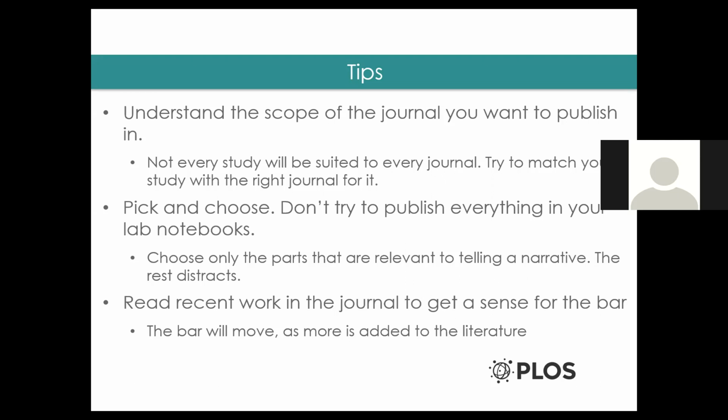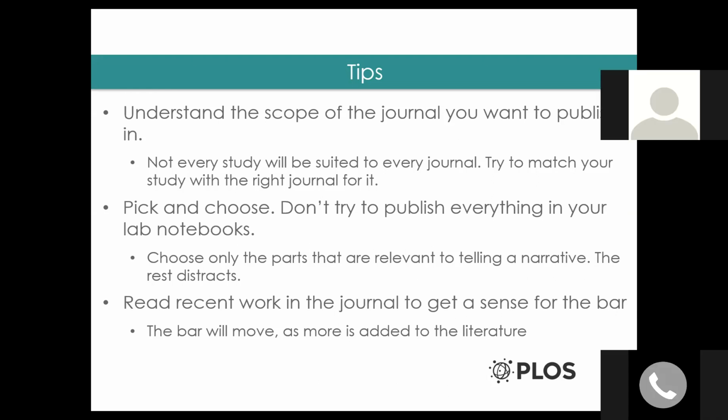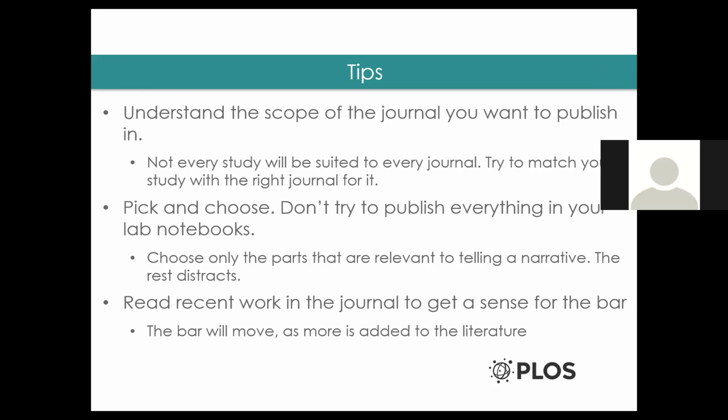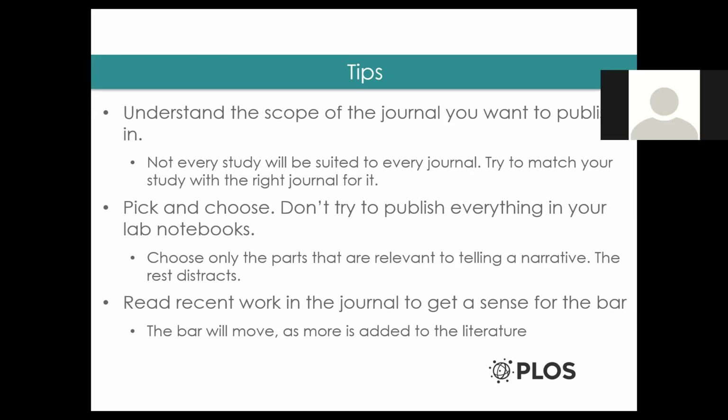The second really important thing is to pick and choose. Don't try to publish everything in your lab notebooks, and try to choose only the parts that are relevant to telling a narrative, because the rest can be very distracting. Also, you don't always have to present the data in a manuscript in the order that the experiments were done. The important thing is to present them in a way that makes a really good story.